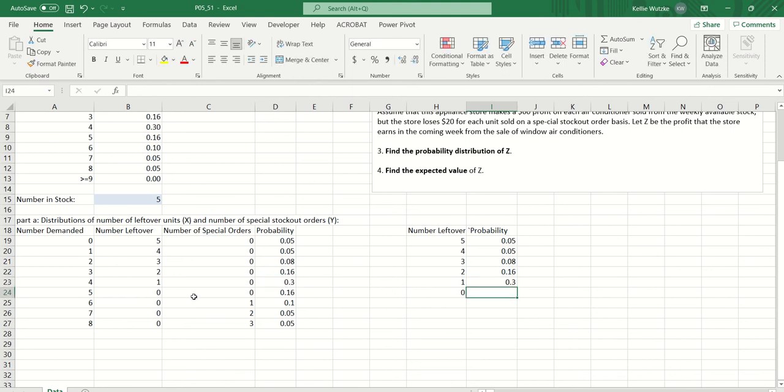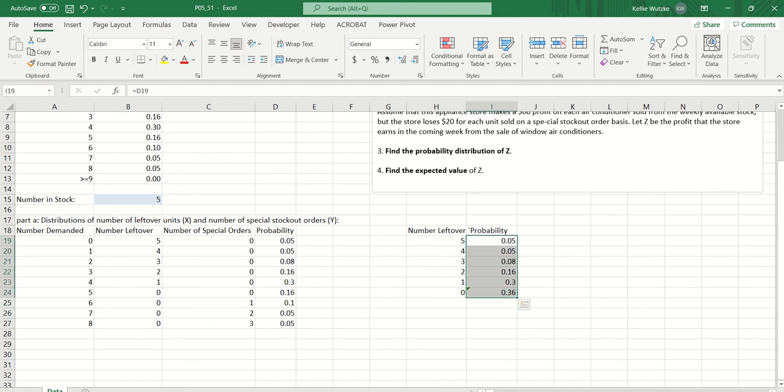Now we get to the situation where 0 could happen whenever the demand is 5, 6, 7, or 8. Based on our rules for independent probability events, we know that probabilities are additive. So we need to take the sum of all the possible scenarios where there is 0 left over. We'll take the sum here, and now we have a nice clean probability distribution where we don't have multiple values of 0.